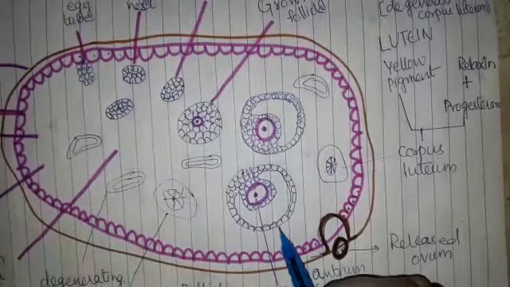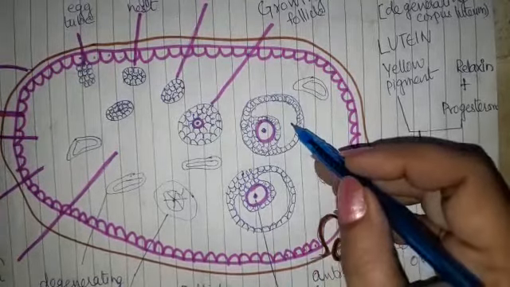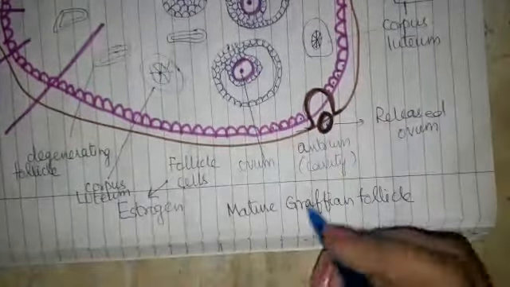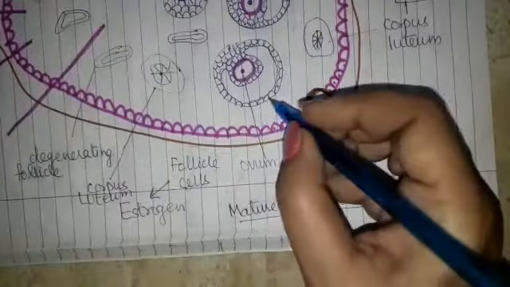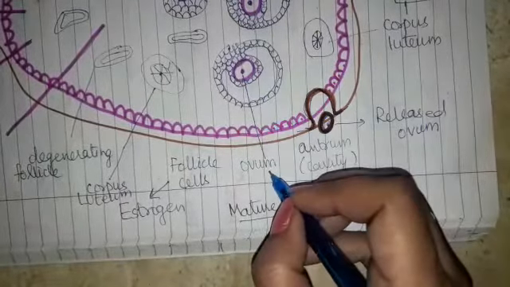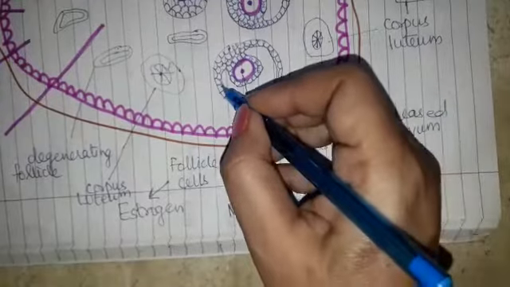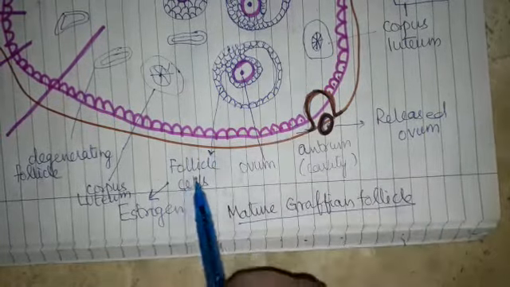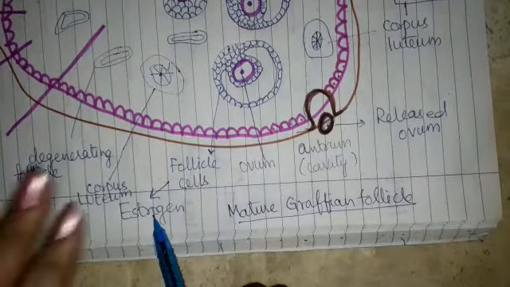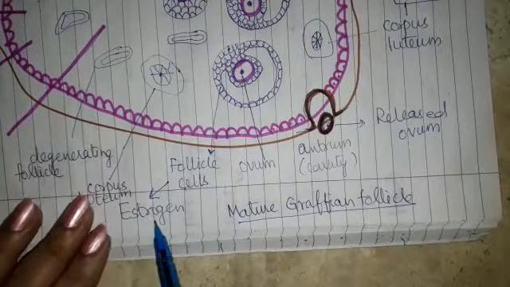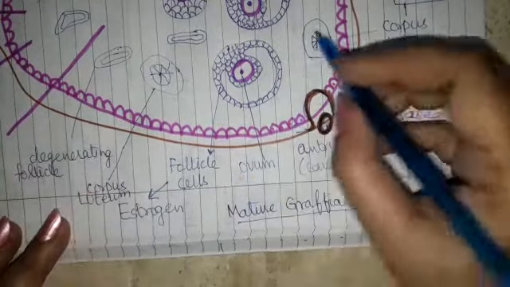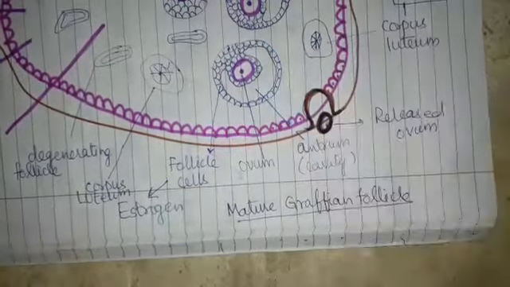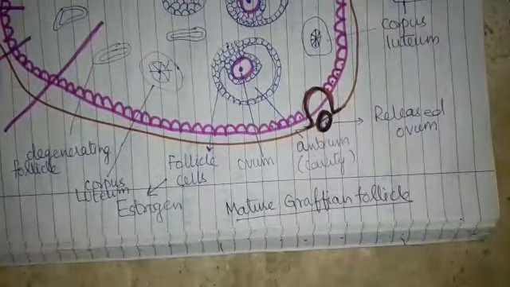So this is a maturing Graafian follicle. This is the most mature Graafian follicle, which consists of an ovum. It consists of the follicular cells, and these follicular cells secrete a female sex hormone, that is estrogen, and there is a cavity in the mature Graafian follicle, and this cavity is known as antrum.